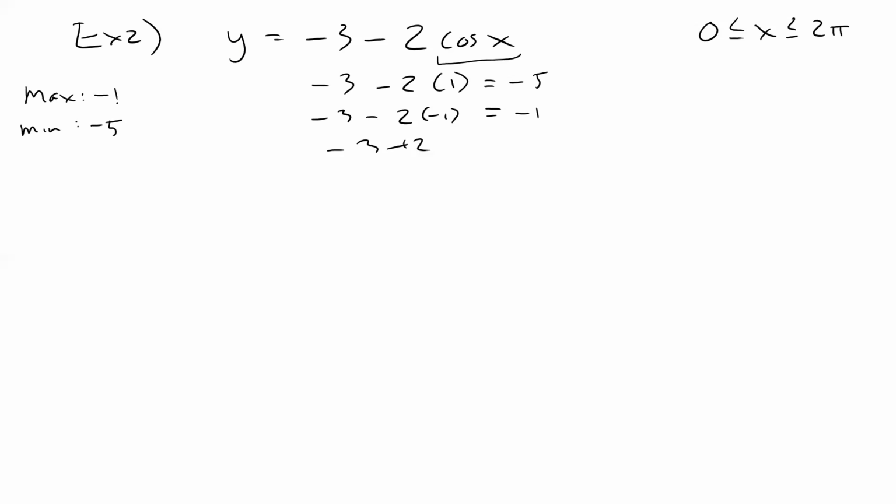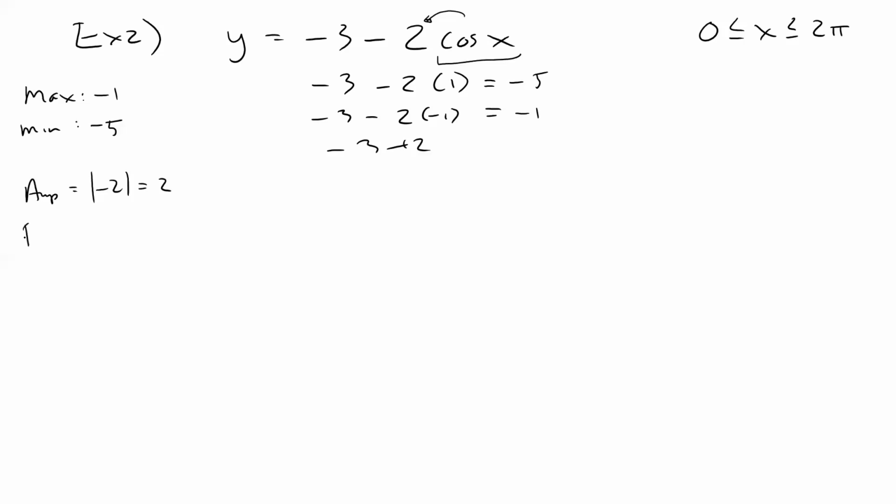Let's see what else we need. Amplitude. Everybody okay with 2 here? Amplitude is the number in front of your trig function, and just take the absolute value of it.